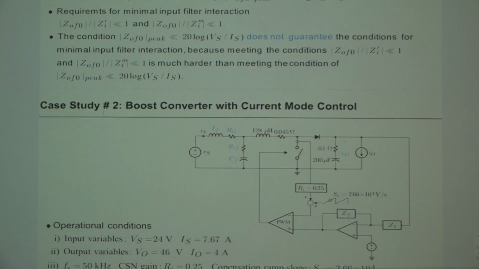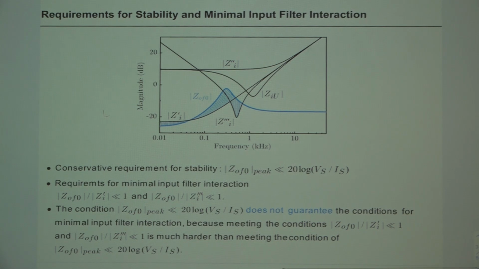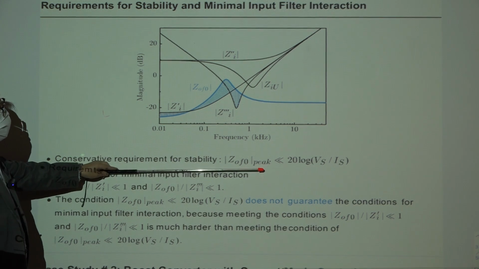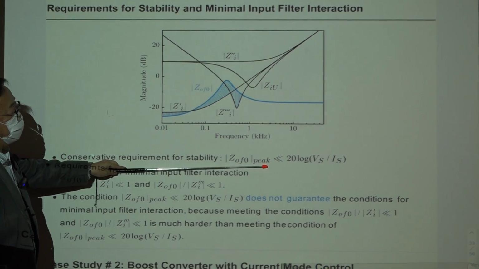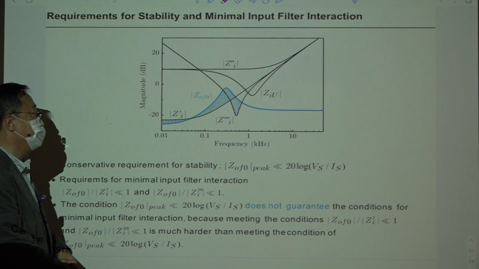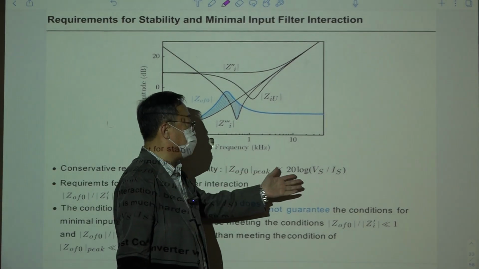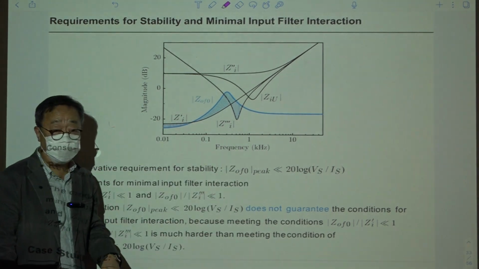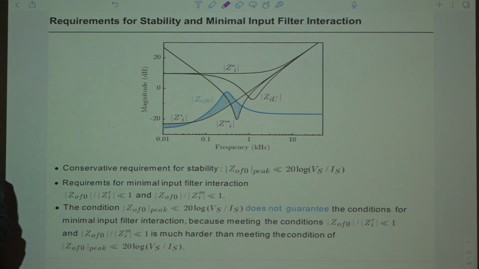Okay, final conclusion. This is just a summary. The conservative requirement for stability is this one. The peak value of the filter output impedance should be much smaller than the low frequency asymptote of the input impedance of the downstream converter. Maybe 10 dB, 12 dB will be a good number.